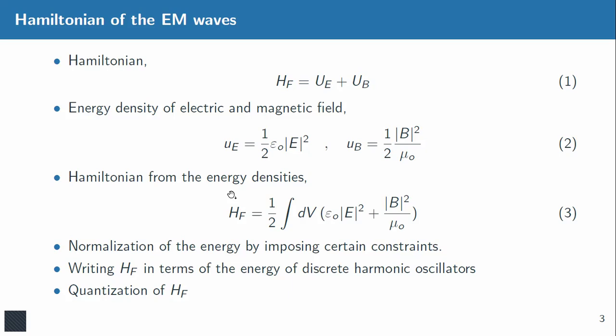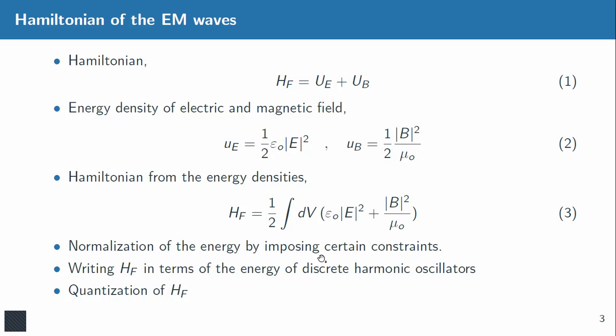So we could find the Hamiltonian, or energy, of the EM wave by integrating the energy densities of the electric field and magnetic field over a certain volume. And we could find the Hamiltonian by this calculation.